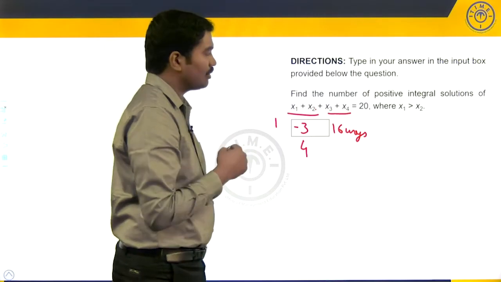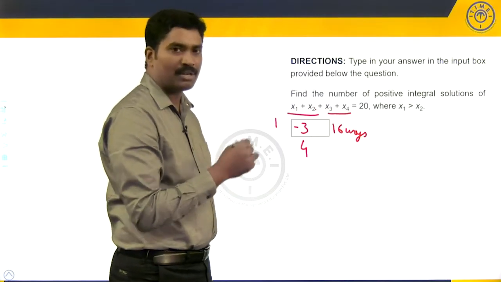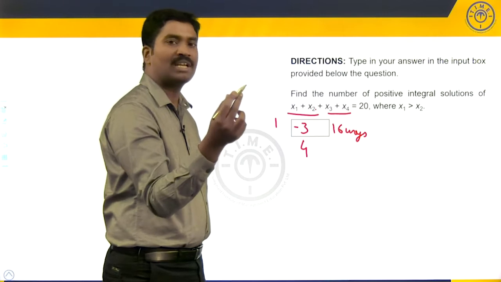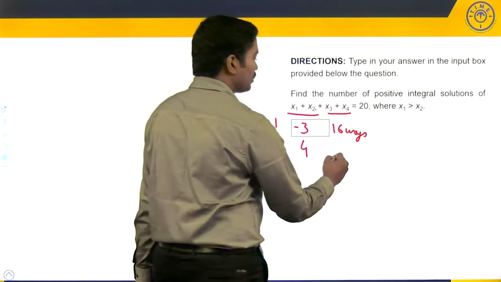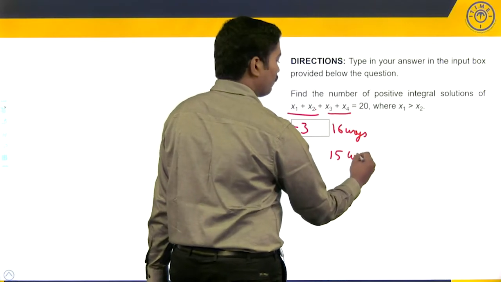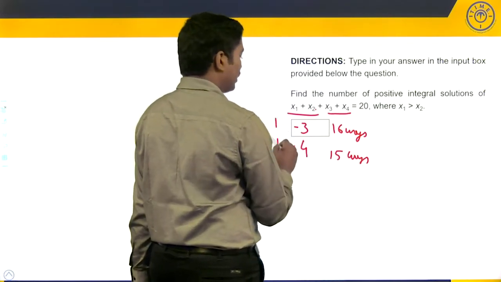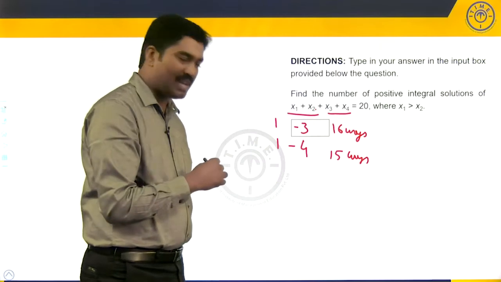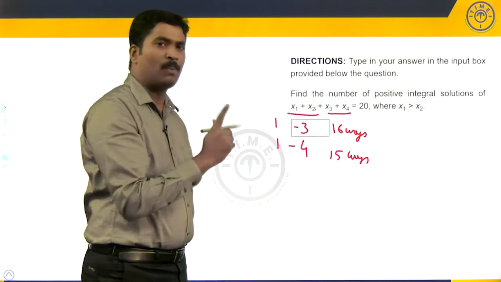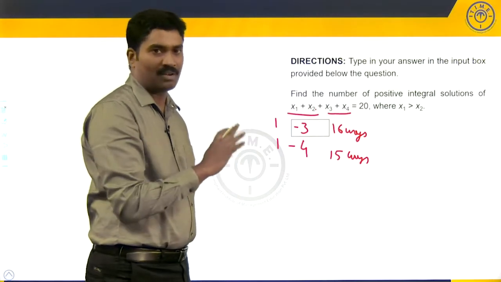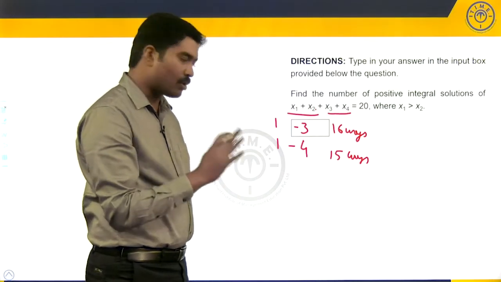So, in how many ways can those 16 be distributed? 1 15, 2 14, 3 13, 4 12, so until 15 1. So, this can be filled in 15 ways, while x1 and x2 can only happen in one way. Together I am giving 4, distribution among themselves can happen in only one way, 3 1, that's it. 4 0 is not possible, 2 2 is not possible.